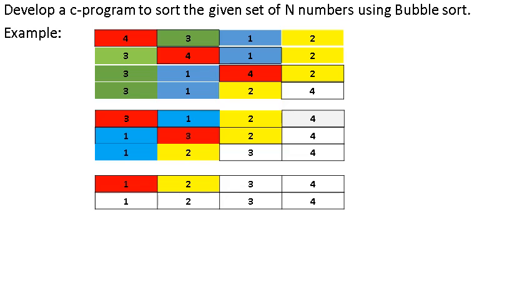Since 4 is greater than 1, they are not in ascending order, so I swap 4 and 1. Again I will compare 4 with the next adjacent element, that is 2. Since 4 is greater than 2, they are not in order, so I swap 4 and 2.